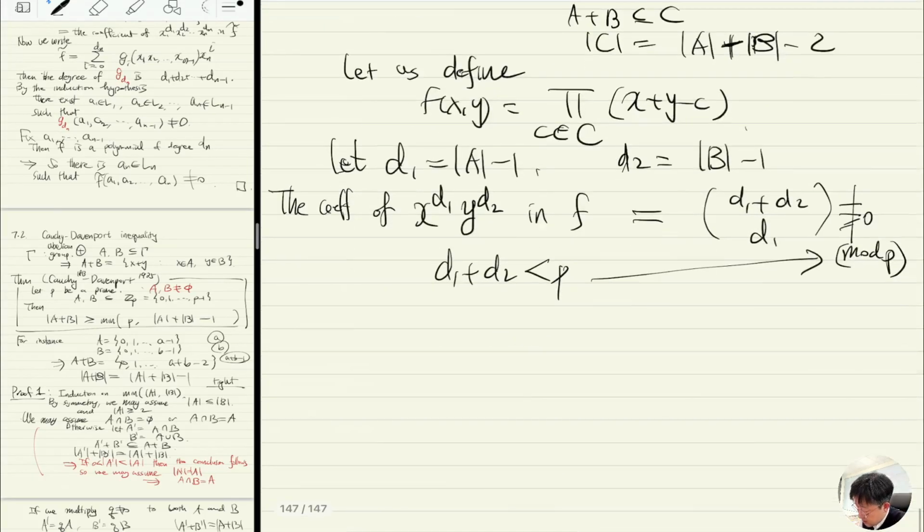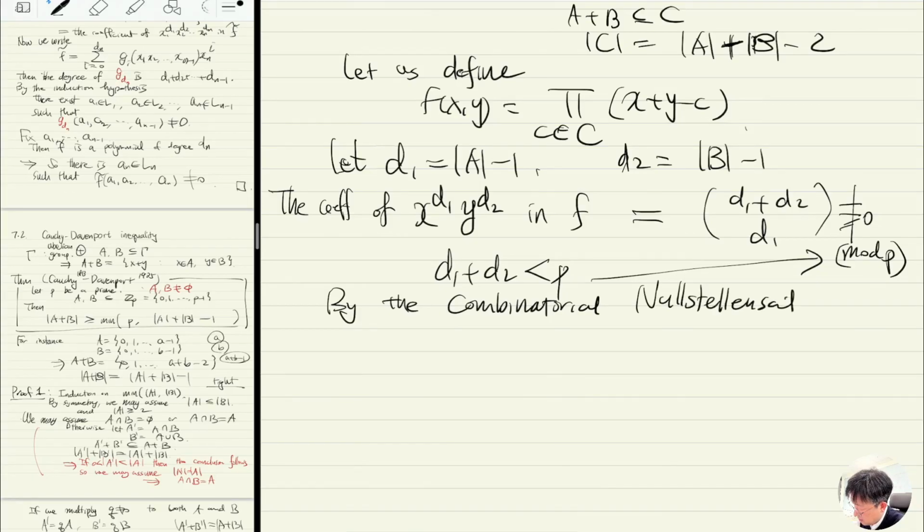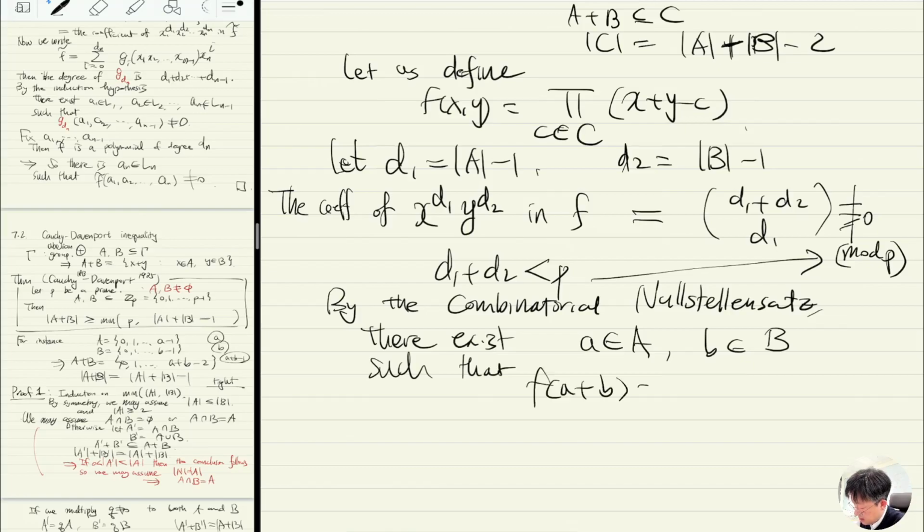So that means the coefficient is non-zero. So by the Combinatorial Nullstellensatz, there exists a in A and b in B such that f(a, b) is non-zero.